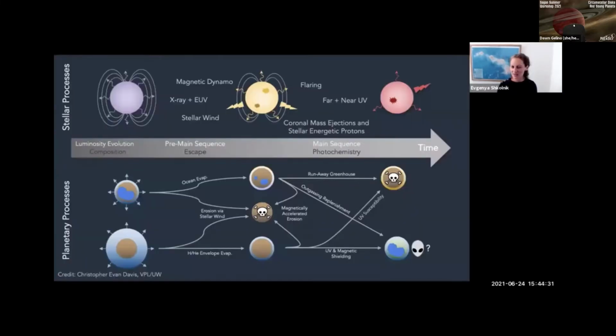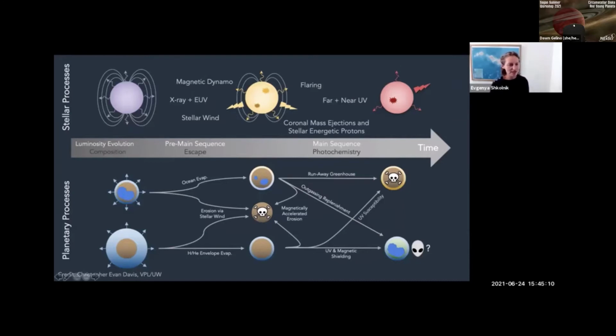So here's a really interesting diagram that has a lot going on, and I unfortunately will not have time to talk about everything here, every arrow and its impacts on its planetary atmosphere. So I encourage you to take a screenshot. This was created by Evan Davis from VPL at the University of Washington. I would love to spend hours talking over this with you, but we just don't have the time, nor do we even have the data to really understand this plot as well as we need to, nor have the models really evaluated the full parameter space that we need to fully understand what's going on here.